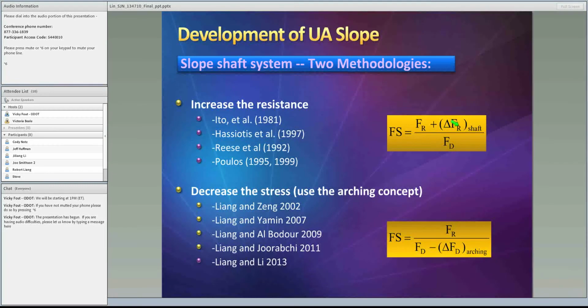And another method is to decrease the stress, which uses the arching concept. So the factor of safety is equal to resistance over the driving force minus the arching effect. And this arching concept has been developed by our group from 2002 until now.